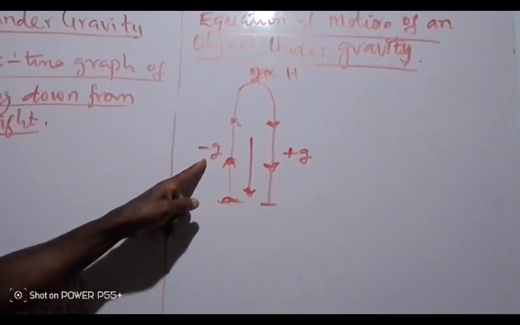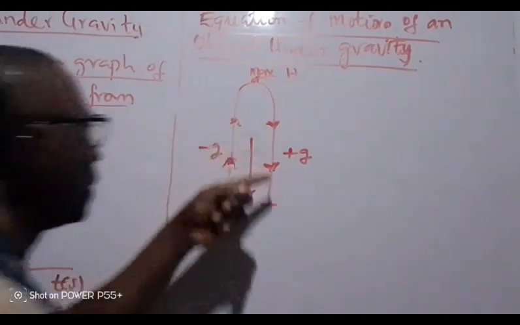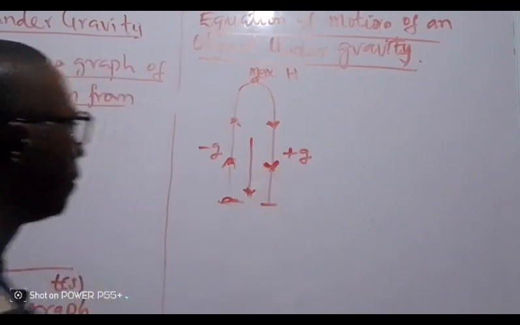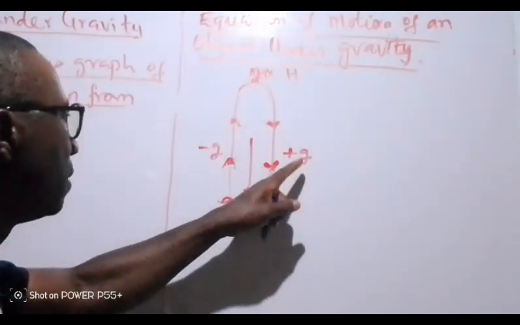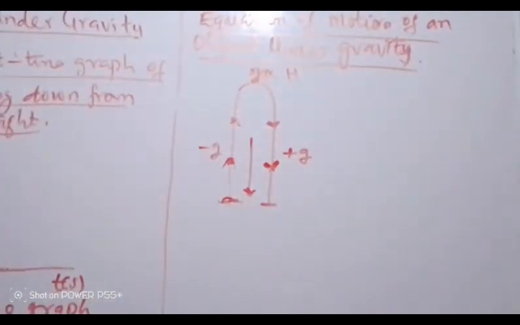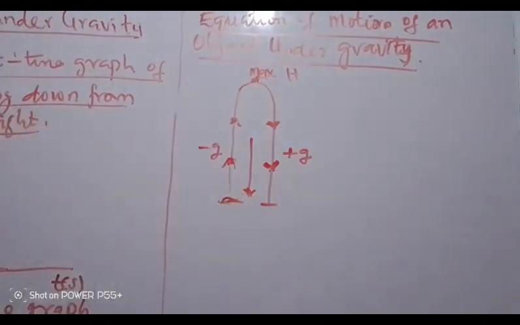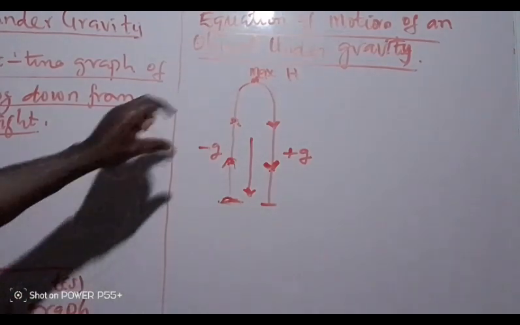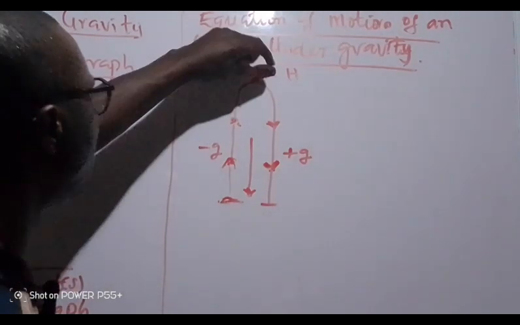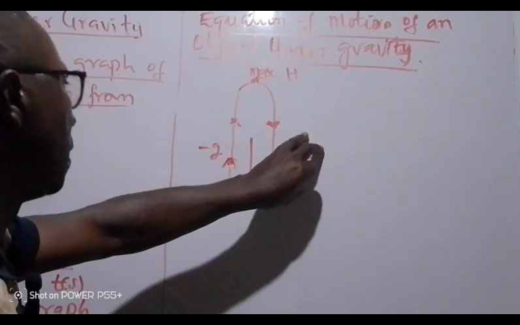An object moving down has a positive downward acceleration due to gravity, because the direction of acceleration due to gravity, according to one of the properties, is downward. So from what I have said, we have two or three parts: this part at maximum height, then this part when it is coming down.